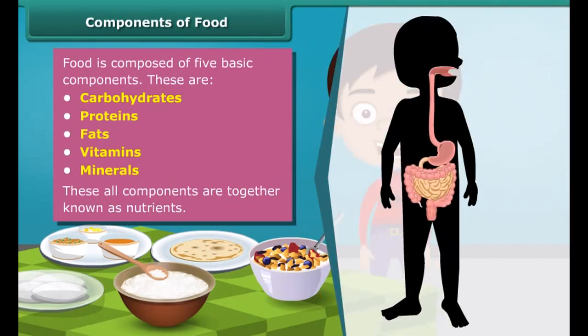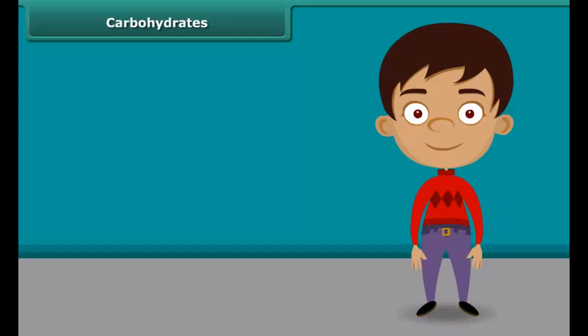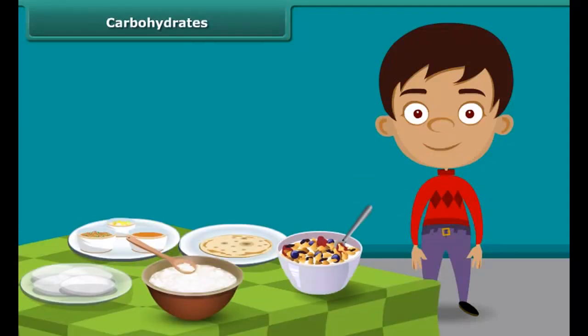A body digests food and absorbs these nutrients to provide energy. Some nutrients help us fight against diseases. Do you know this fact that each food item contains all nutrients in different amounts and each nutrient plays a different role in the body?